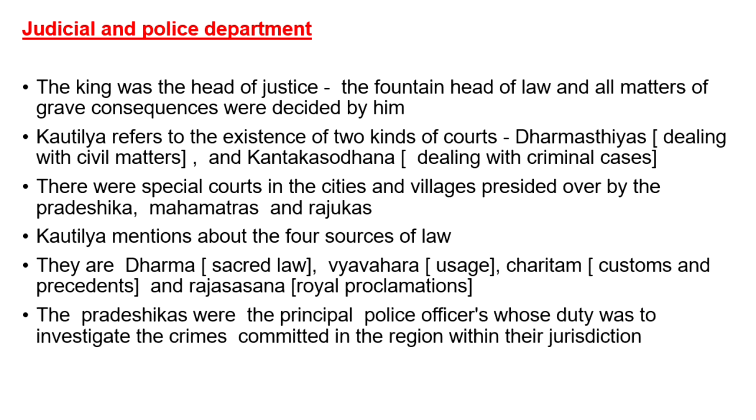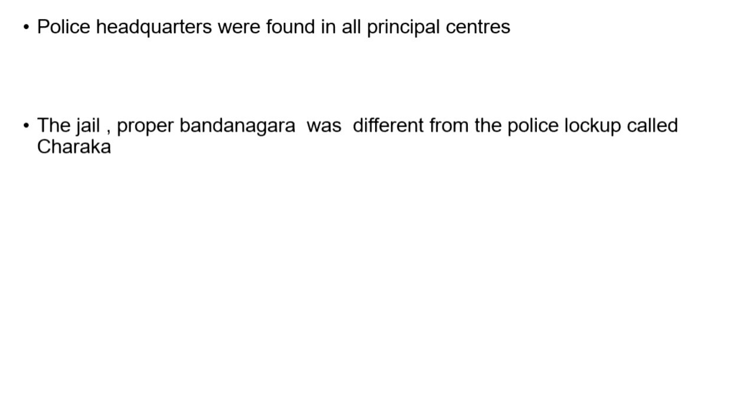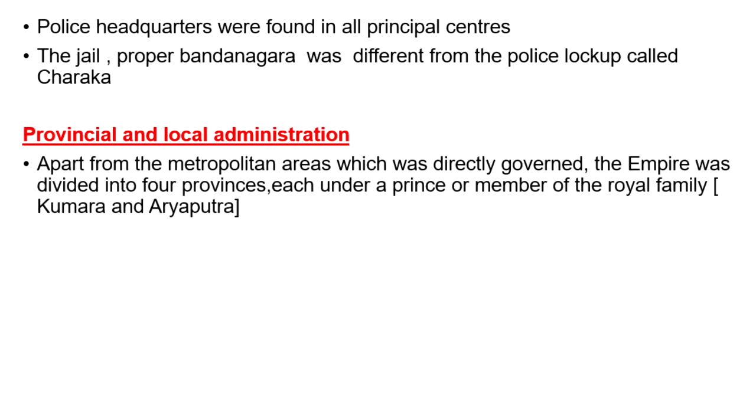The Pradeshika were the principal police officers whose duty was to investigate the crimes committed in the region within their jurisdiction. Police headquarters were found in all principal centers. The jail proper, Bandhanagara, was different from the police lockup called Charaka. Provincial and local administration.